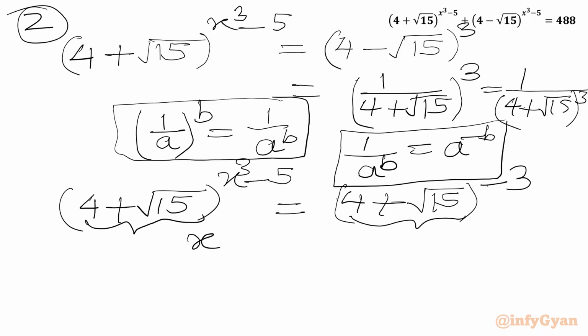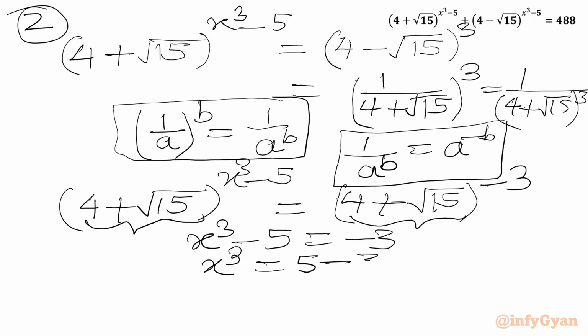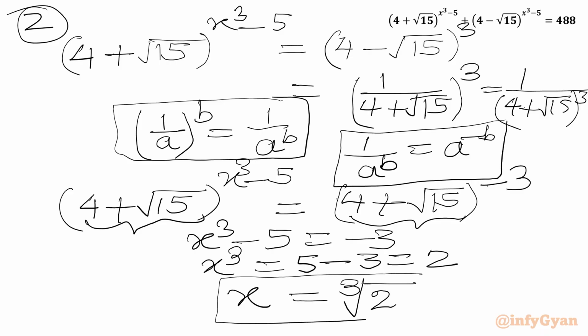I can write x cube minus 5 equal to negative 3. Add 5 to both sides, and we get x cube equal to 5 minus 3, equal to 2. Now we take the cube root of both sides for the real values of x, and we get x equal to cube root of 2. So here we have our second real solution.